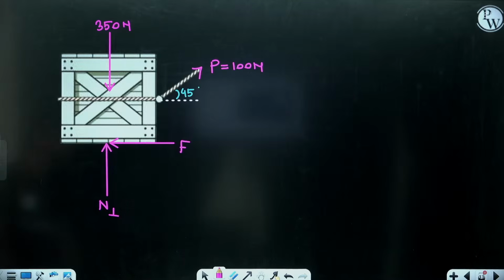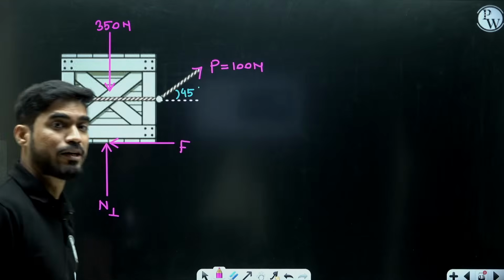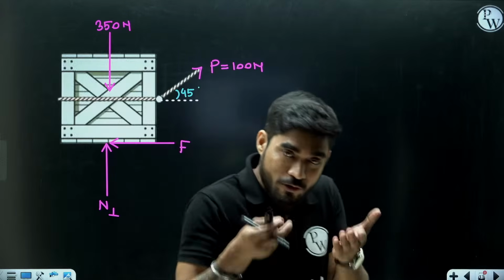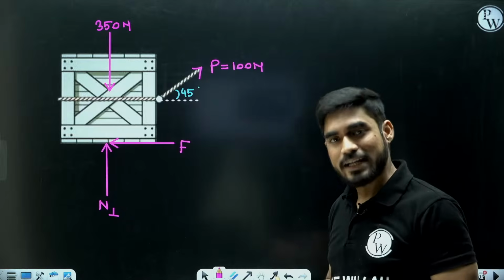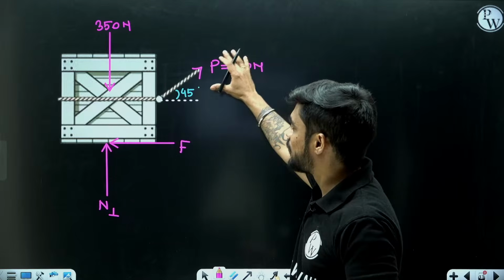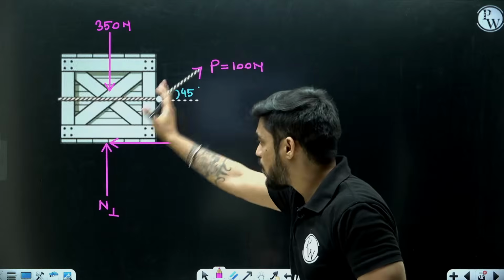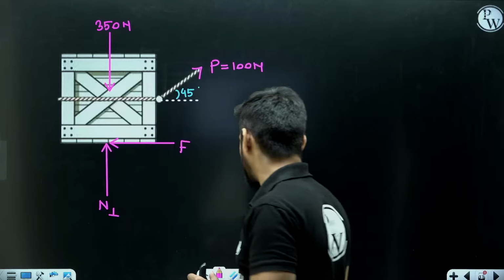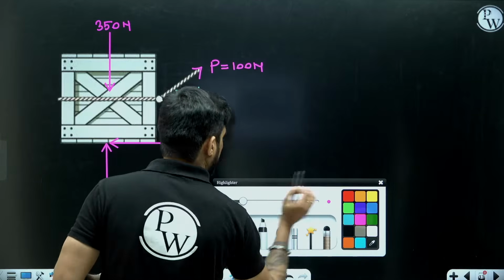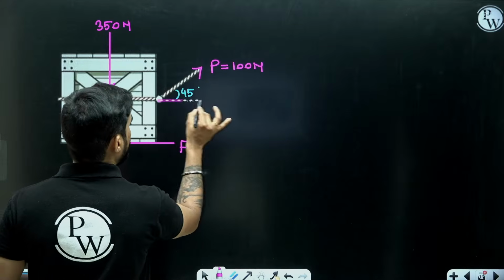By applying the equilibrium equation. First you need to find out whether this is in equilibrium or not. If I apply 100 Newton, whether this block will move or not, that I need to find first. Now resolve this P into two components.